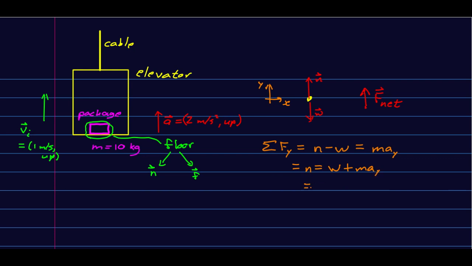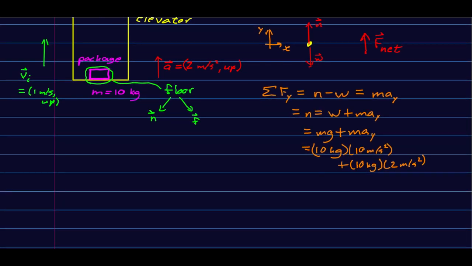Oh, okay, well, that's not mg, because this is mg plus m a_y, and so that is our 10 kilograms times our 10 meters per second squared plus our 10 kilograms times our 2 meters per second squared. And so that's 100 plus 20, that's 120 newtons, whereas mg would have been just 100 newtons.